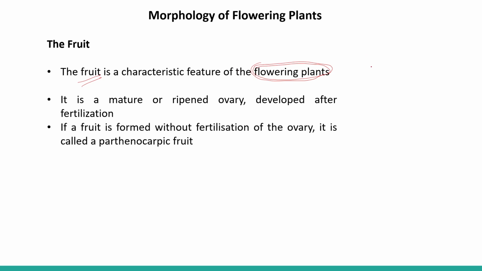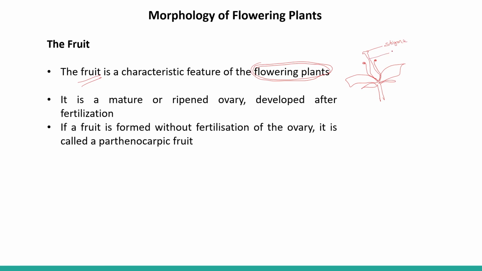So if we draw a flower, we have sepals, different petals, then the male reproductive structures, and then the female reproductive structures. In the female reproductive organ, this is called the stigma.